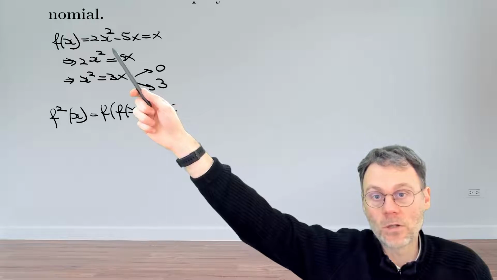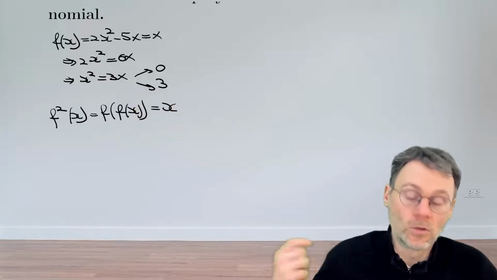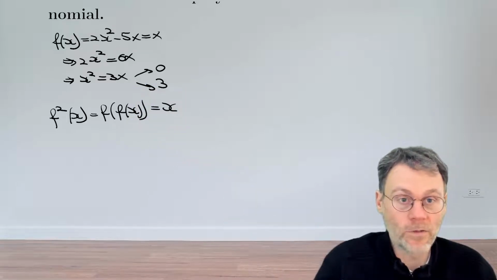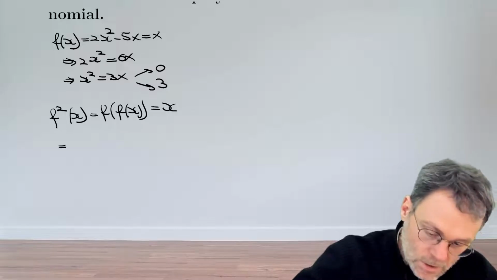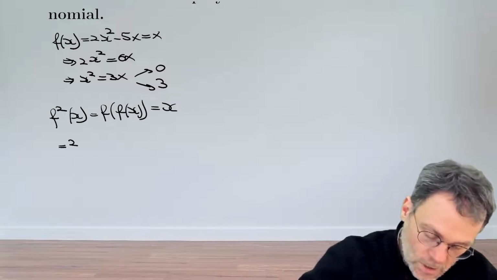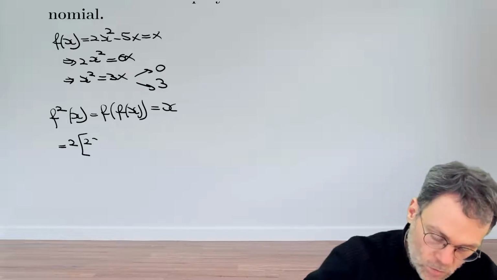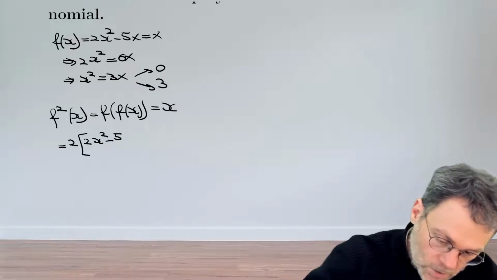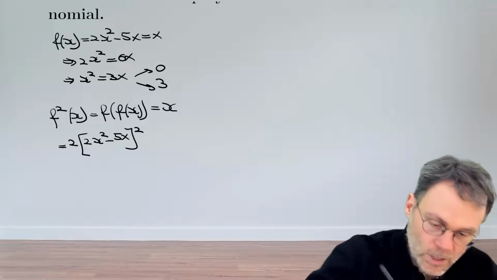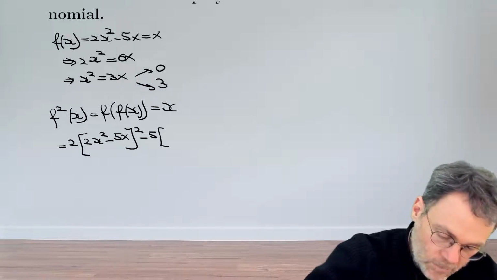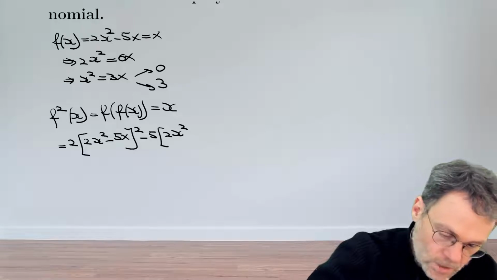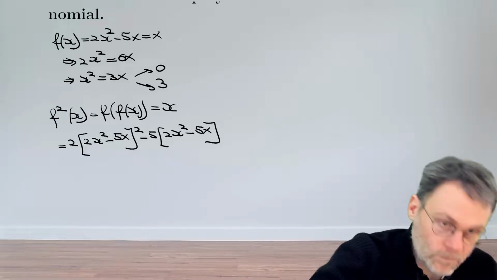So we replace x by 2x squared minus 5x. This becomes 2 times (2x squared minus 5x) squared minus 5 times (2x squared minus 5x).